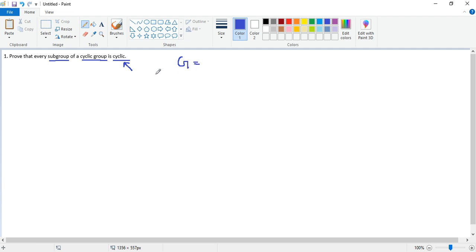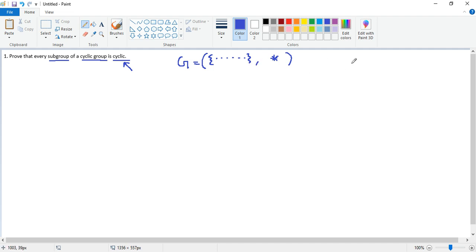If I have to call that a cyclic group, then all the elements in that group, like a group is a set and an operation on the elements in the set, all these elements in the group should be able to be generated by one of the elements of the group. So that's when we call a group cyclic.